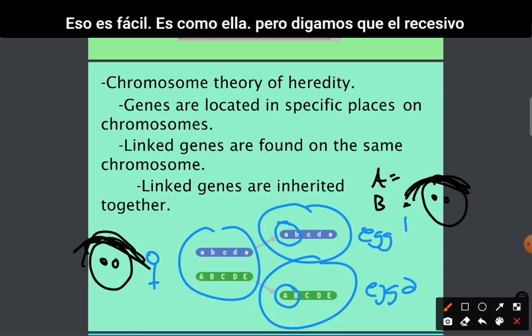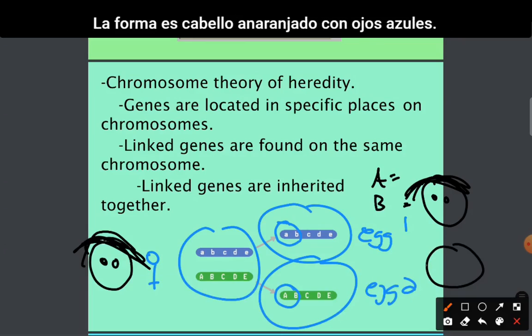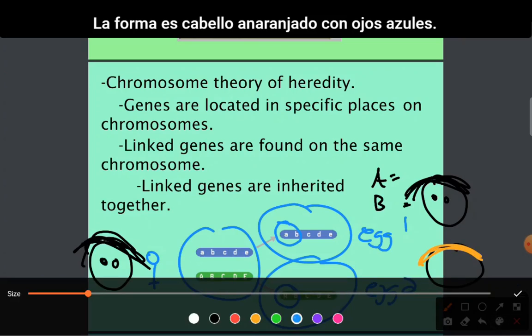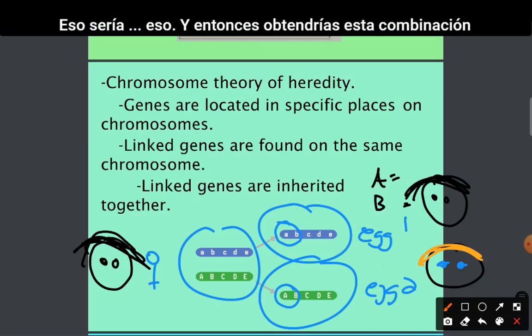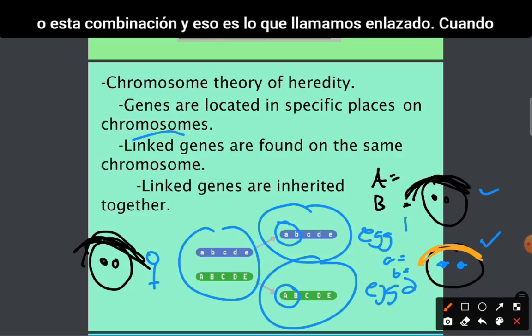That's easy, just like her. But let's say that the recessive form is orange hair with blue eyes. That would be that. And so you would either get this combination or this combination, and that's what we call linked.